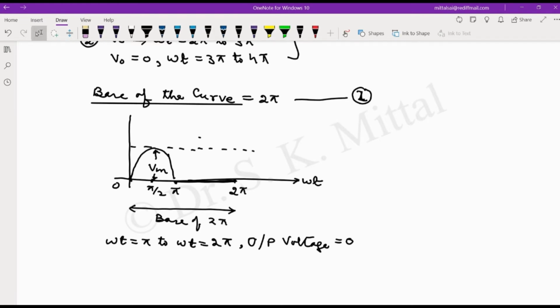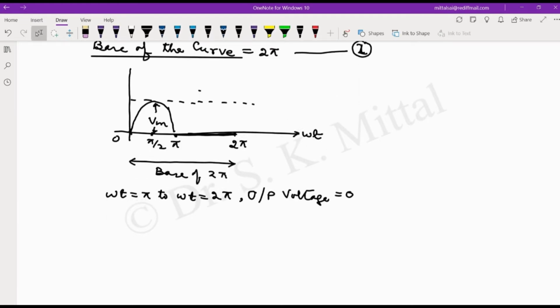Therefore, from omega t equal to pi to 2 pi, area under the curve is 0.